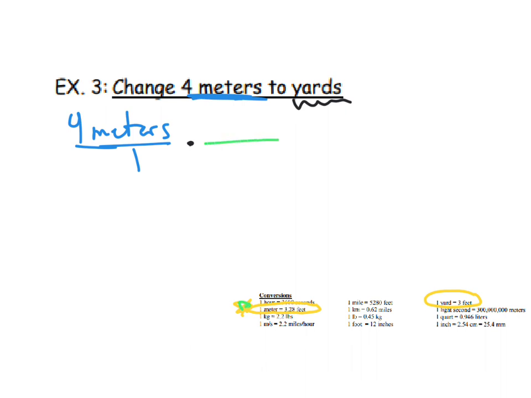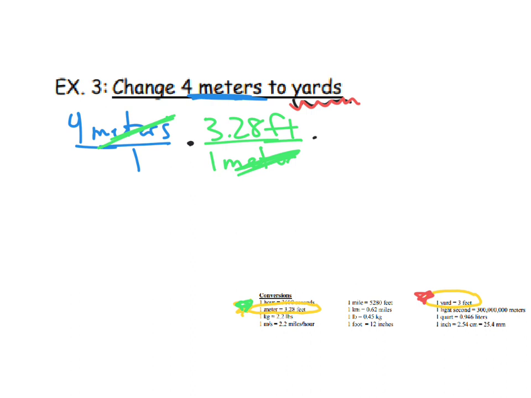So we want meters to cancel. So I'm going to put 1 meter on the bottom, and we know that that's equal to 3.28 feet. That way this meter will cancel with this meter. Now, our unit left right now is feet, but that's not what we want. We want yards. So if we look at this other conversion, we know that 1 yard is equal to 3 feet.